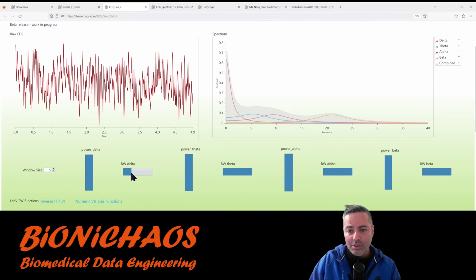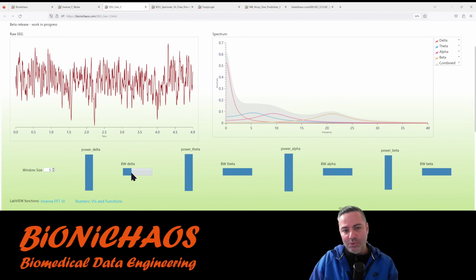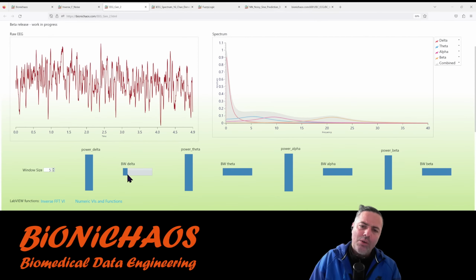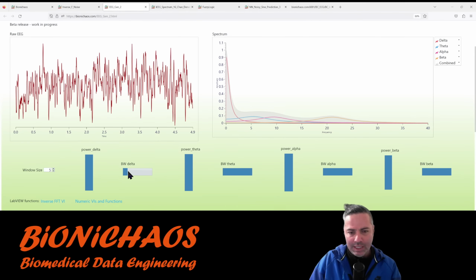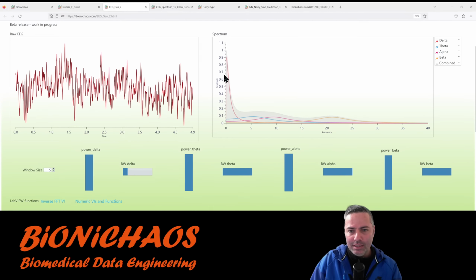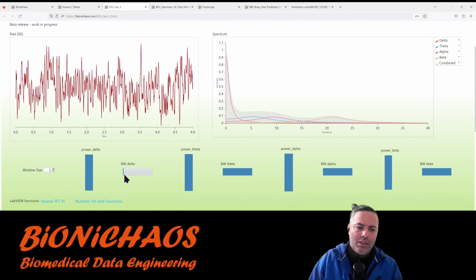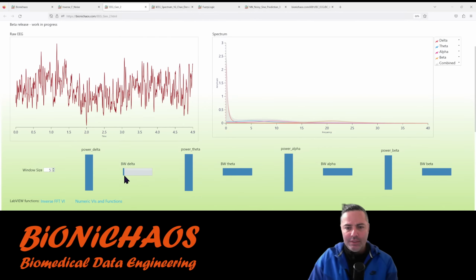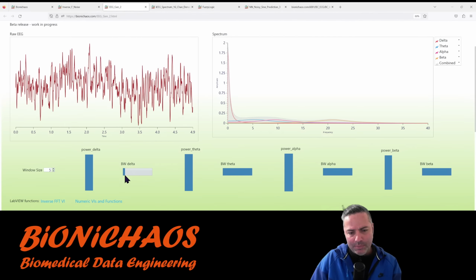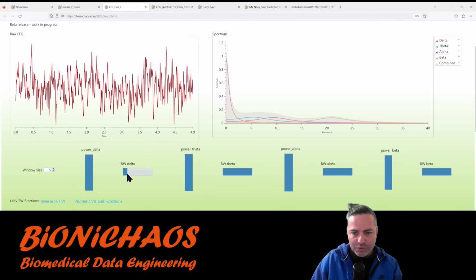Or you might assume that they will have a slow wave component in the EEG, like during sleep, and then that slow wave frequency band you actually don't want to filter out.